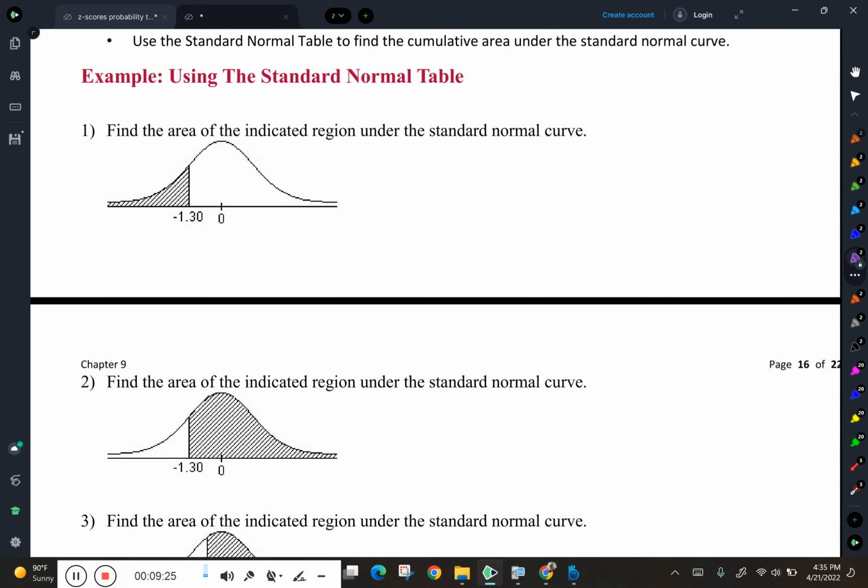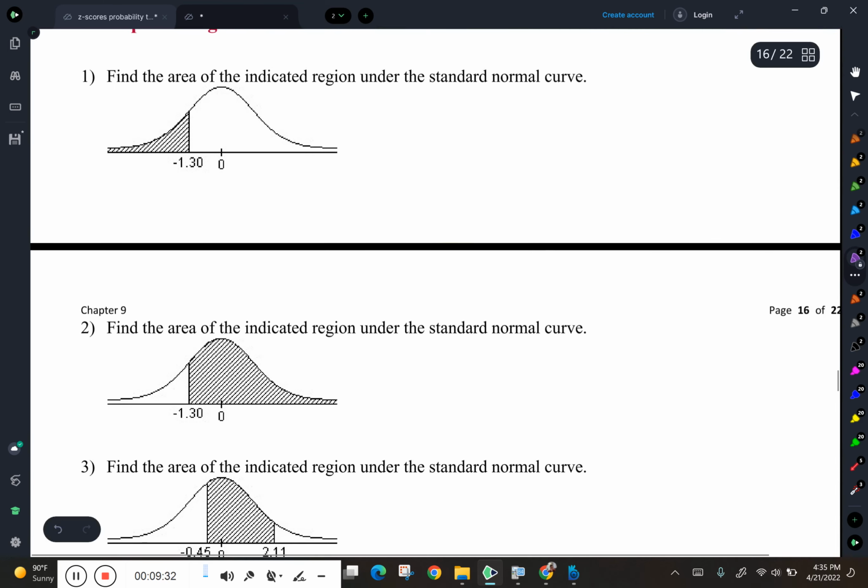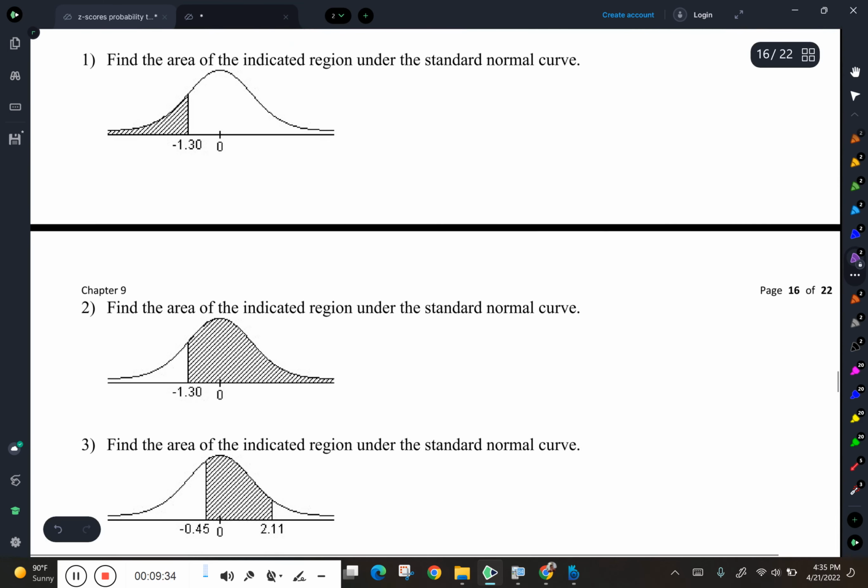Now, there are only 3 problems that we're ever going to do. Left tail problems, right tail problems, and a strip in the middle. So do you see how right here on the screen are all 3? Left tail problem, right tail problem, and a strip in the middle. Okay?